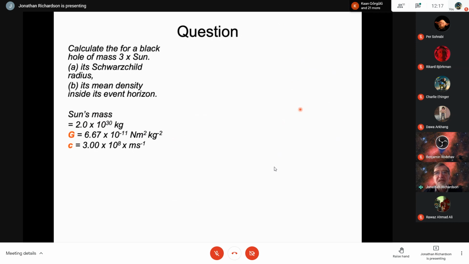So 2 simple parts to the question. It's 2 or 3 lines of calculation, and please submit into the classroom. There is an event there for you, so please put your answers into the classroom.